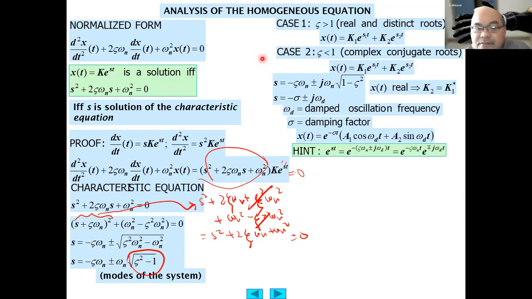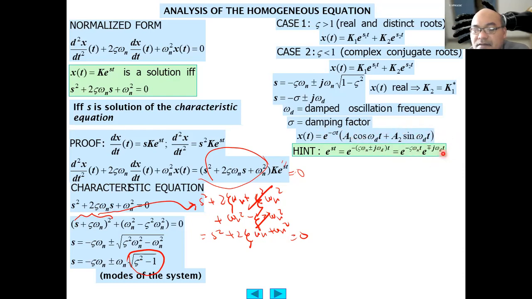This is derived from exponent s t, exponent of minus zeta omega n plus minus j omega d t. So this equals exponent minus zeta omega n t times exponent minus plus j omega d t. This term becomes exponent minus sigma t. This term becomes the cosine and sine terms.